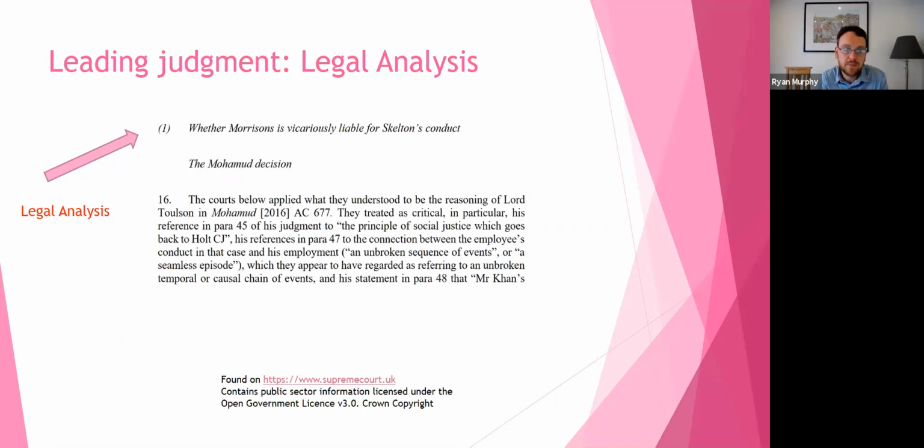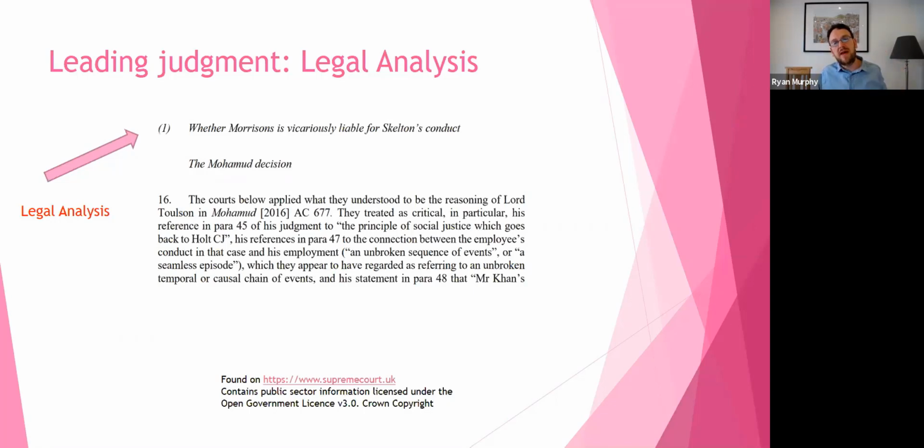So here we can tell that Lord Reed's first piece of legal analysis is whether Morrisons is vicariously liable for Skelton's conduct. So in essence, is the employer Morrisons liable for actions taken by Skelton in publishing personal data without their permission? And different courts, different judges have different practices of how they label this, but the bulk of the judgment will be this sort of legal analysis.